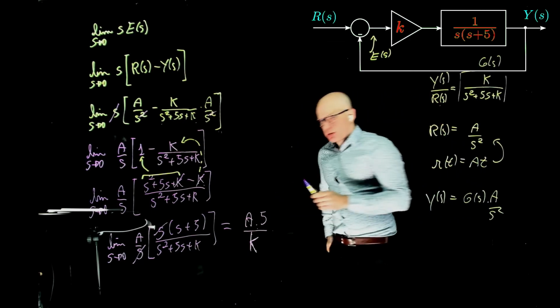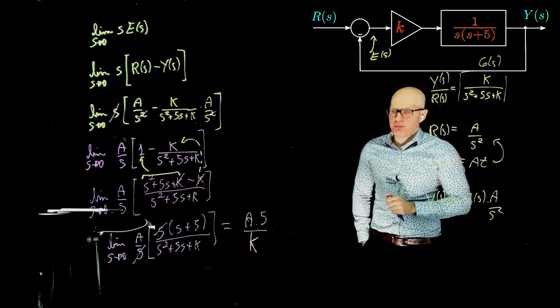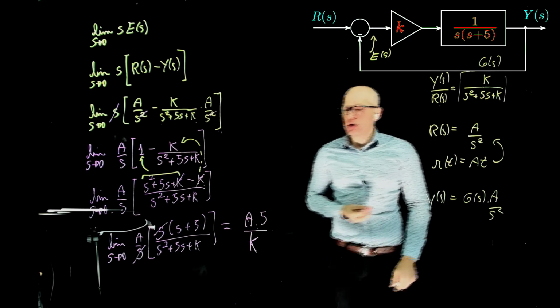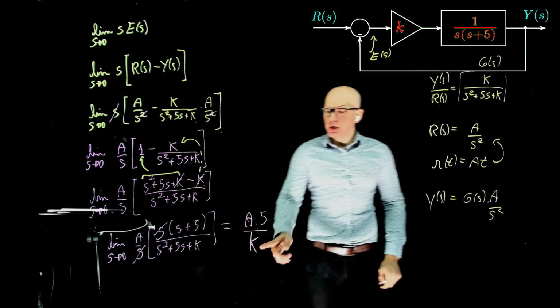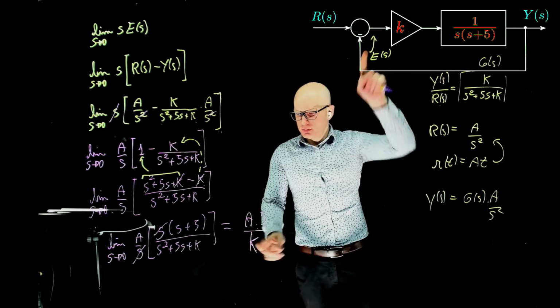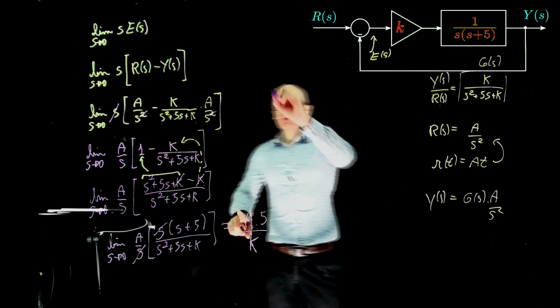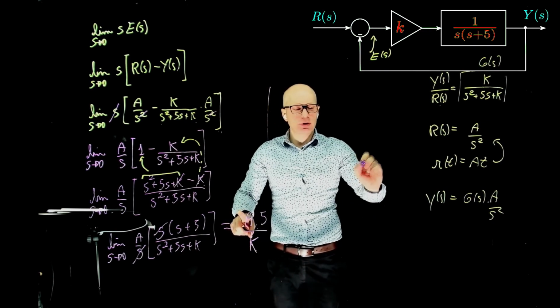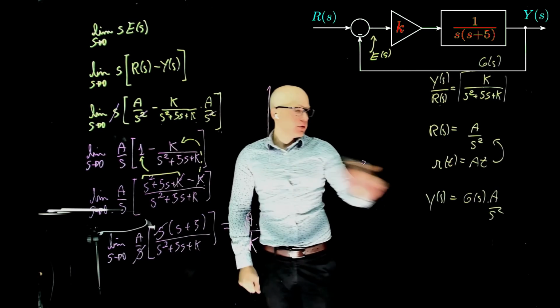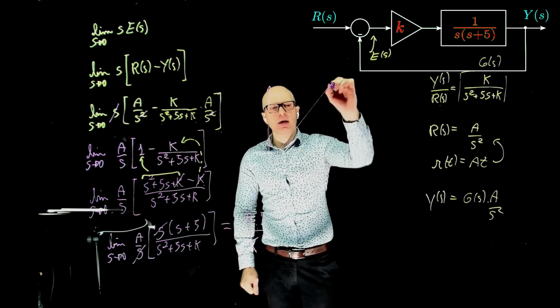Another interesting observation can be made here about k. Notice that the greater k, the smaller the steady state error. What does that mean? The greater k, the closer the output will be to the input. This would be for a ramp input. We have the input like that.